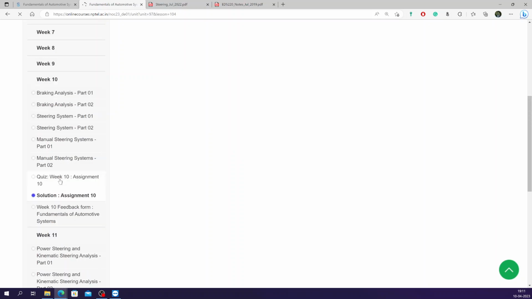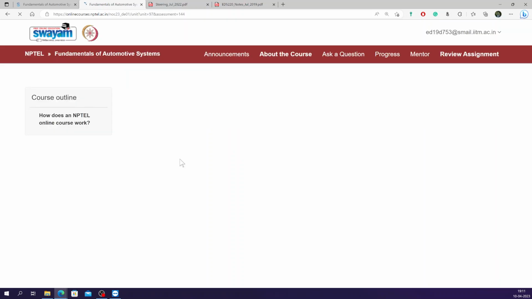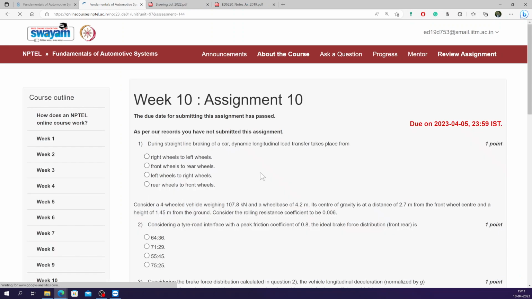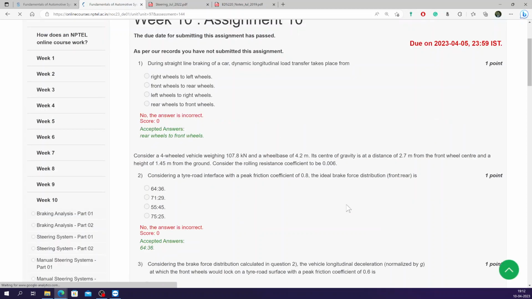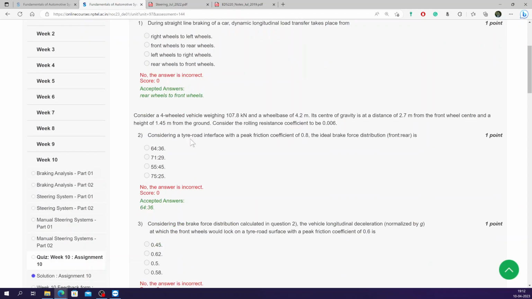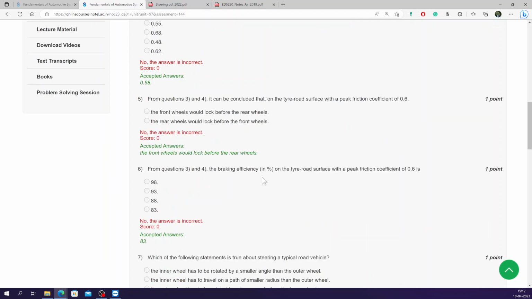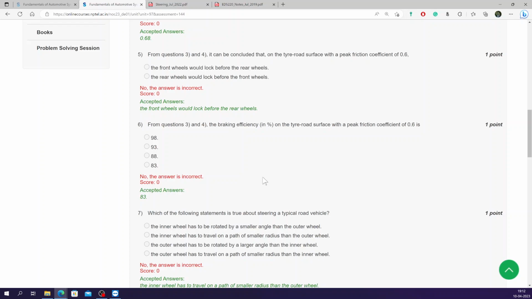Opening the quiz. So can you point out a question if you remember?